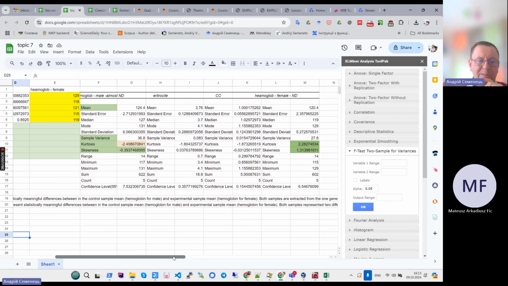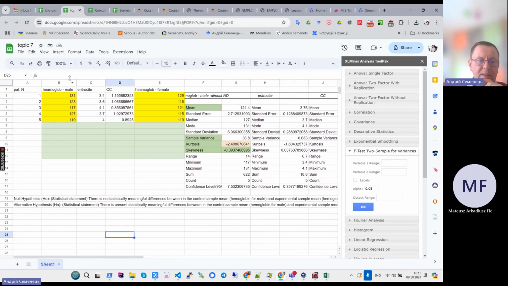In our case, the larger variance is hemoglobin for male. Good, it's the normal order. But even if the order were backward, it doesn't matter. You must follow that way. So here we have one variable, then I'm selecting the second variable. You see the change.